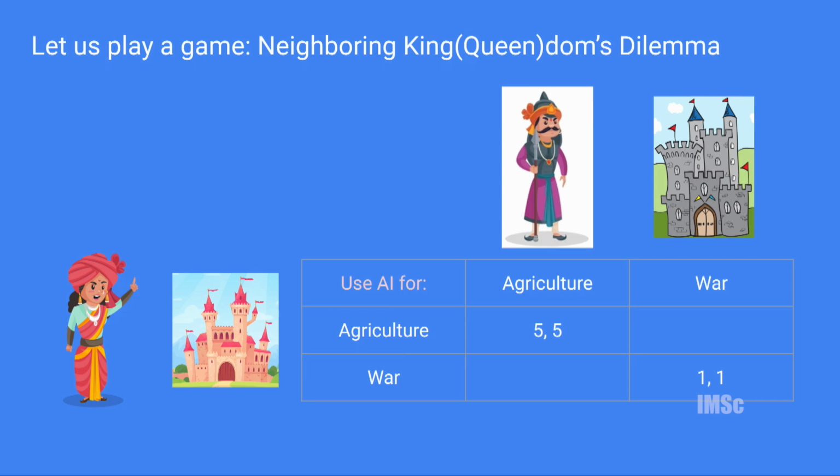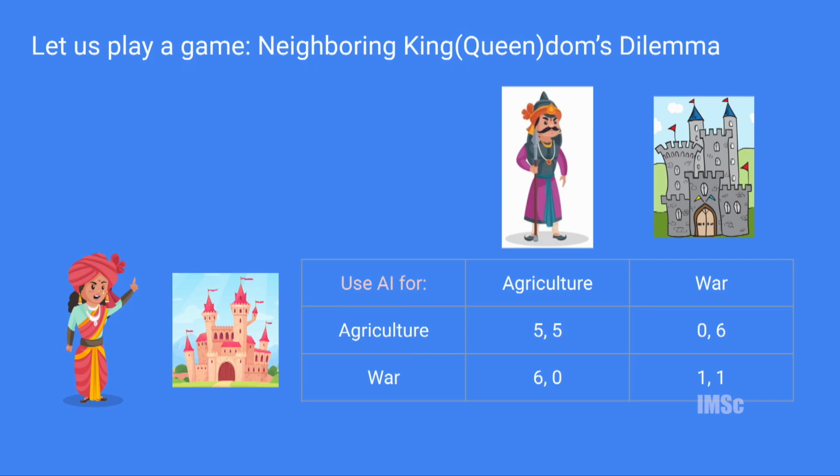The interesting thing happens when one chooses war and the other chooses agriculture. Suppose player 1 chooses war and the other player chooses agriculture, then player 1 will win the war. Of course, if they choose war, they will go for a war, and the kingdom will have no defense against them, because it has not invested anything. For this example, I'll assume you can choose either A or W, not a mixture of them, for simplicity.